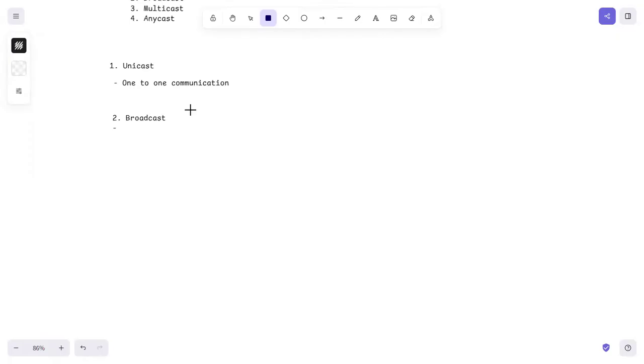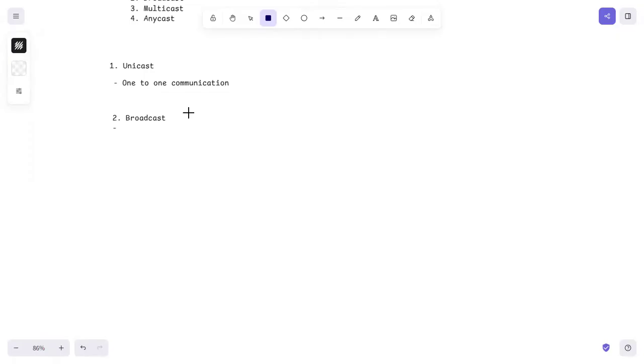This is a message going from one to all the people, a group of people receiving the same message from a single host. Like I said, a school principal is making an announcement on the loudspeaker, so everyone in the school can listen to the announcement.